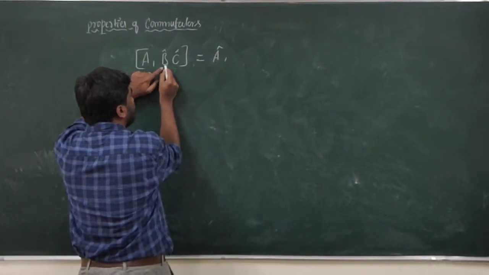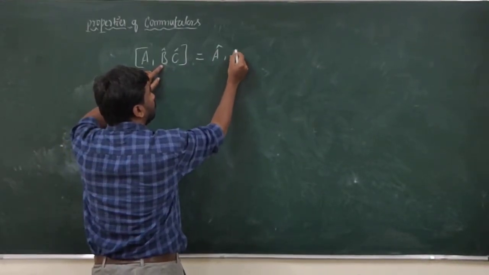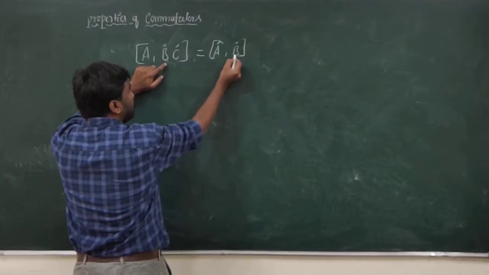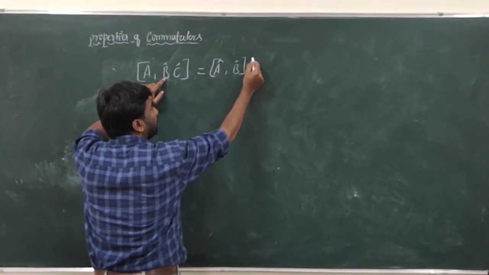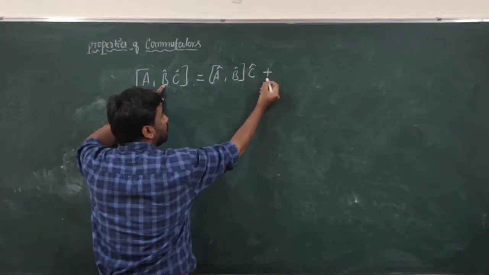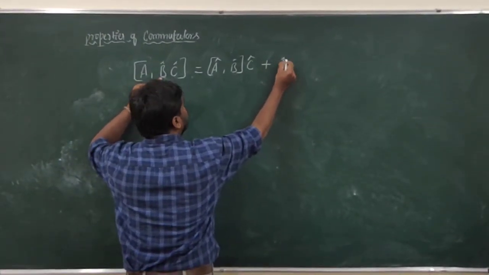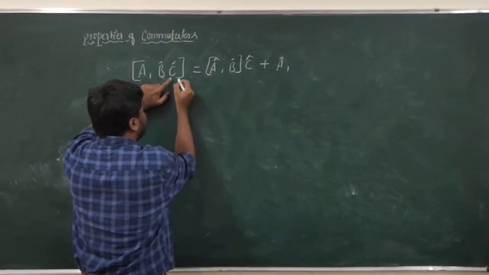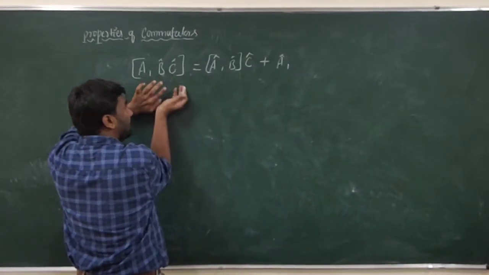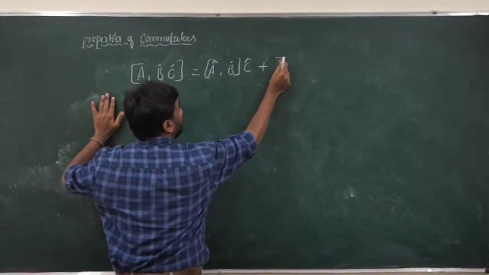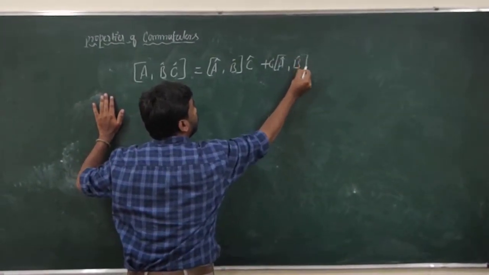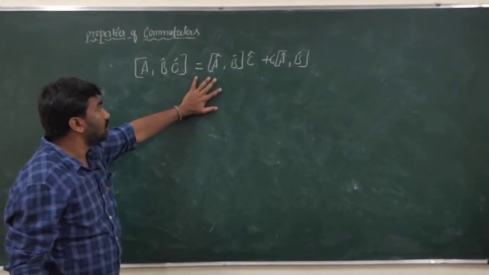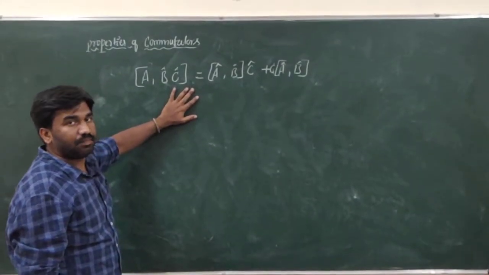So [A, C]B. See, for this B operator, C is on the right side, so we write it on the right side, plus [A, for C operator B is on the left side, so B on the left side of these commutation brackets. So this is the relation for [A, BC].